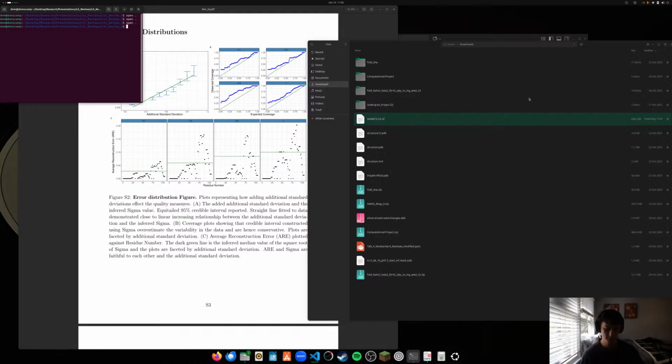All right. Let's look at the PDB first. From there.